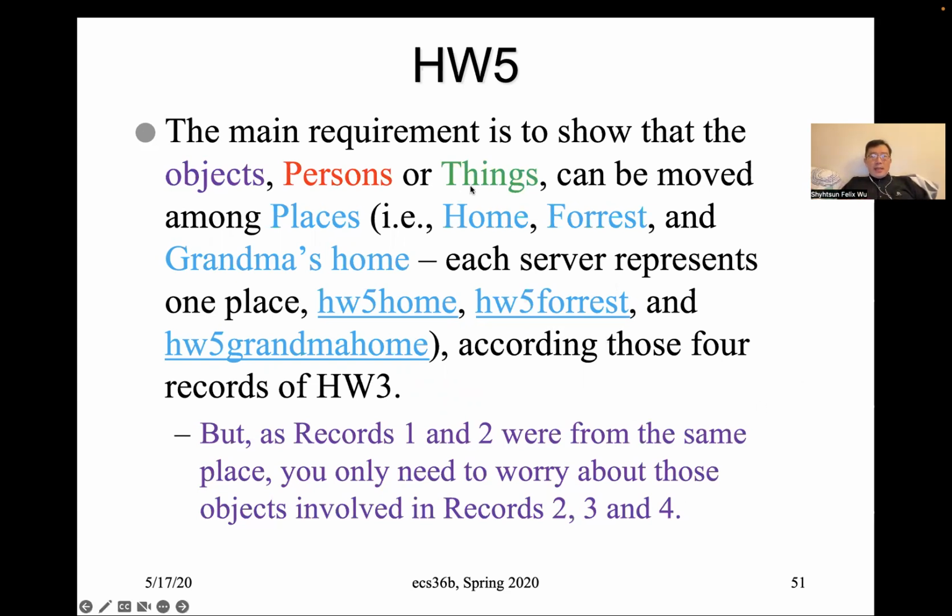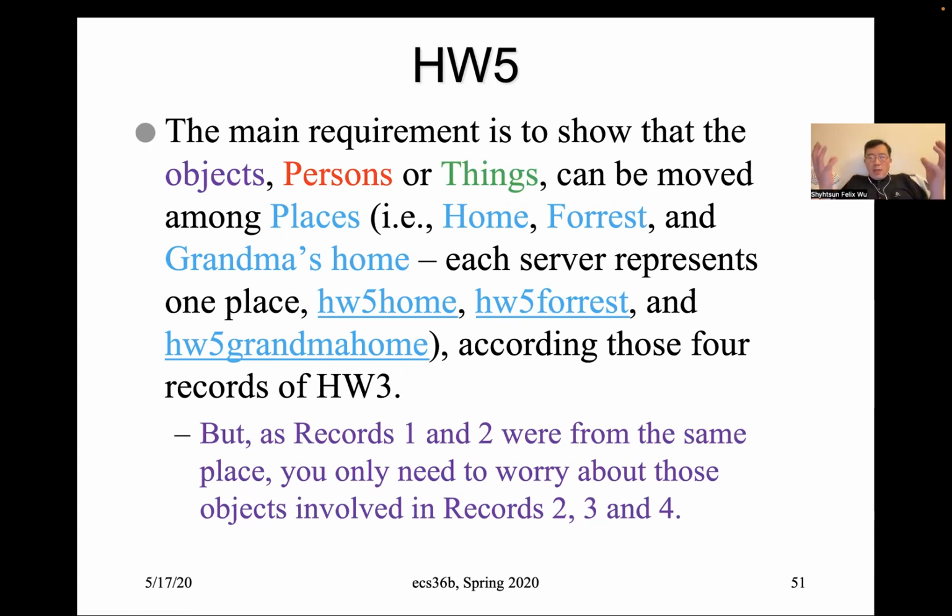Those things can be moved among the places, which are home, forest, and grandma's home. They are represented by 3 different programs: HW5 home, HW5 forest, and HW5 grandma home. Each of these has a main program.